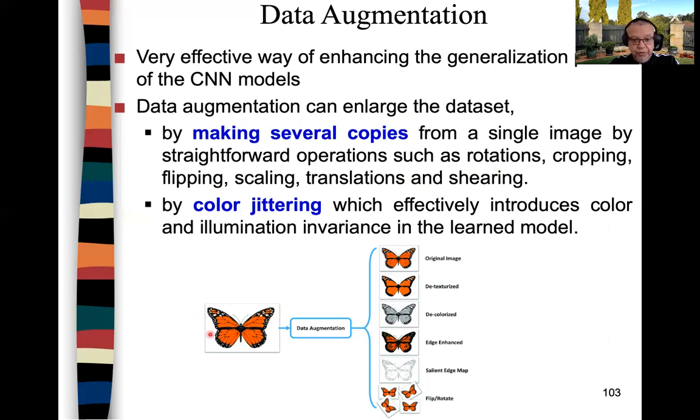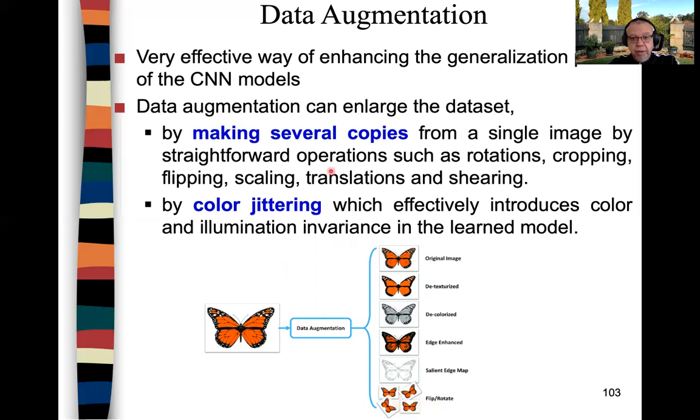So if you have, for example, only one pair, this image and the corresponding class which says this is a butterfly, but you don't have a lot of data, you want to make sure that your model does not overfit and is robust to all these changes. So you perform that augmentation by rotating or flipping this image.